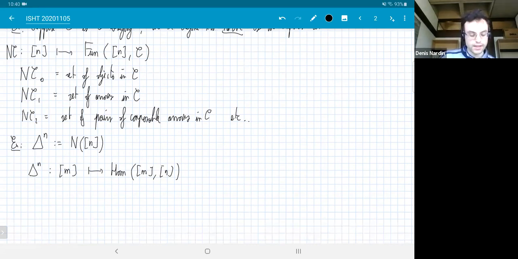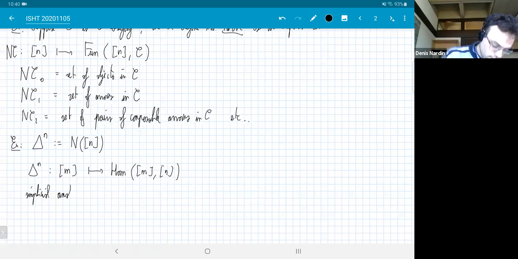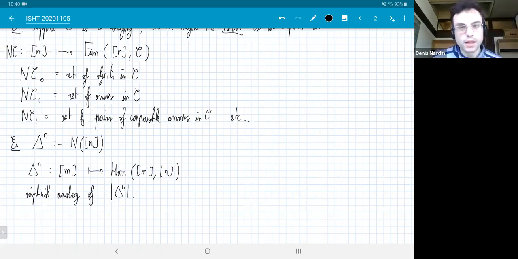And I want to think of this Delta^n as the analog of the topological n-simplex that I discussed before. In fact, its zero simplices are exactly the vertices of the topological n-simplex. Its one simplices are exactly the one-dimensional faces, what's the name, edges of the topological n-simplex, and so on and so forth.